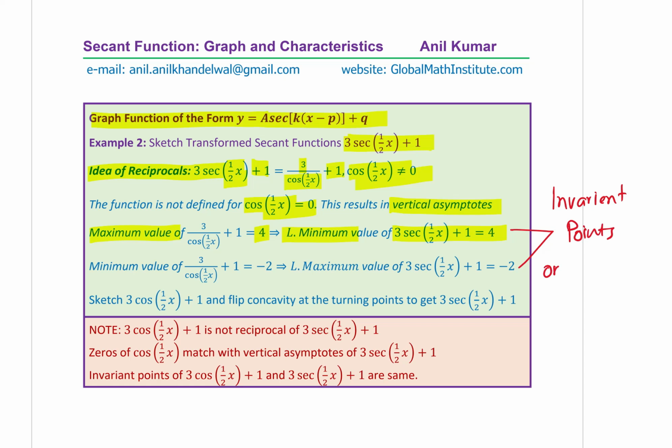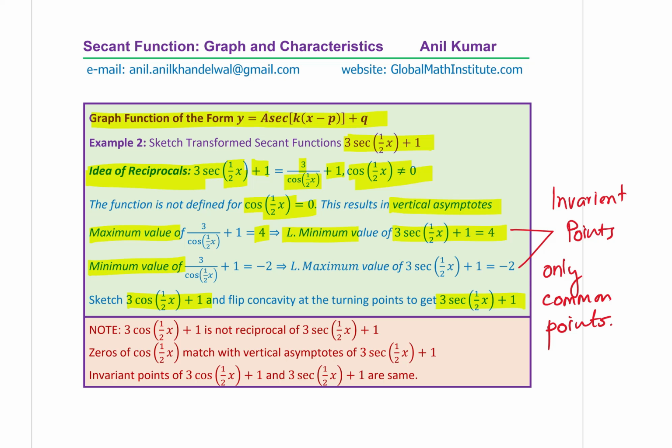These are the only common points, or you can say where the range overlaps. Perfect. So those are the maximum and minimum points, correct? So from here we analyze that if we sketch the graph of 3 cos half x plus 1 using the idea of reciprocals, then we can directly sketch the graph of 3 secant half x plus 1, correct? That's the whole thing.